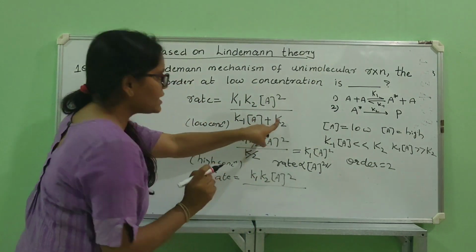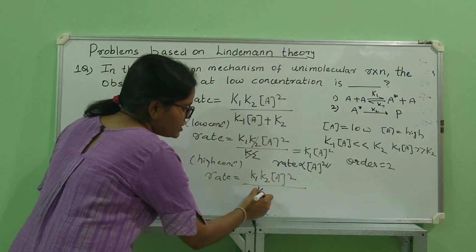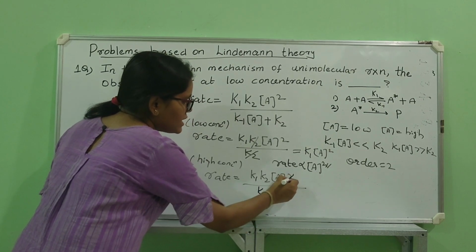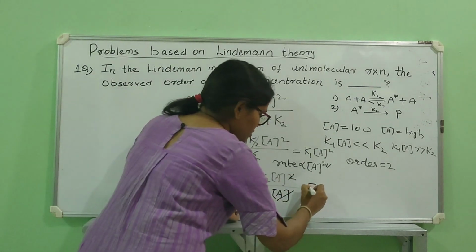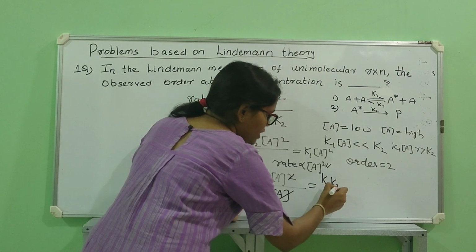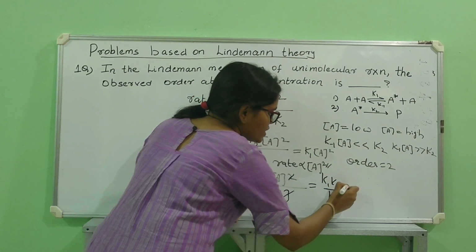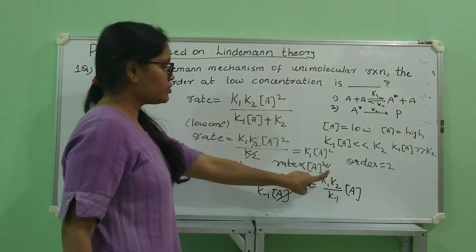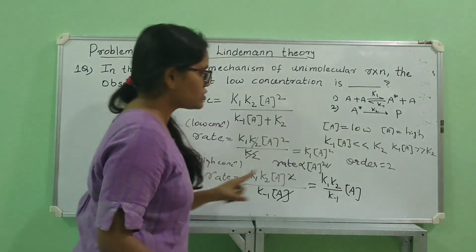So when I neglect K2, I am left with K minus 1 into A. So now I can cancel this A. What I am left with? K1 into K2 by K minus 1 into A. So we know that K1 is a constant, K2 is a constant and K minus 1 is also a constant.